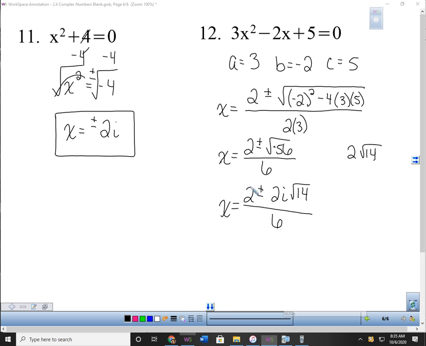And if you'll notice, all 3 of these terms will divide by 2. So that would give me 1 plus or minus 1i square root of 14. Don't reduce the 14, it's under the root, all over 3. And since this is a plus and minus and it's not just like 1 plus i square roots of 14 over 3, we won't split it up into 2.